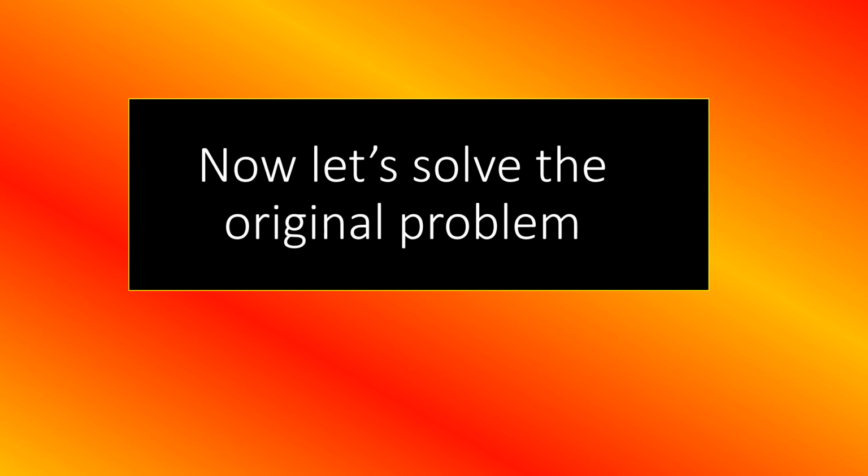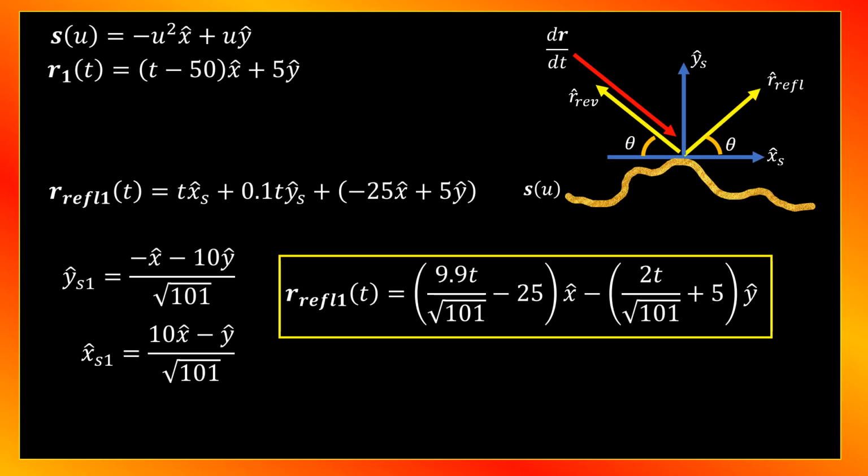And finally, let's solve the original problem. So we're going to model the first light ray as r1 of t is equal to t minus 50, where 50 is just an arbitrary offset. We can set it to anything we want, but just to make things look good, we're going to set it equal to 50. And since the light ray is a horizontal line at y is equal to 5, we have a 5 over here.